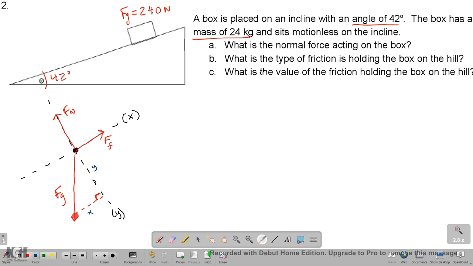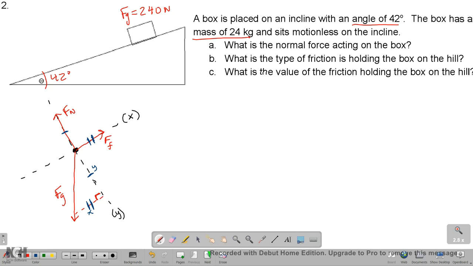So this line right here has to be parallel to this line because this is the force that opposes the force due to friction. What we're going to prove here in a second is that Fn, that Fn right here is equal to the y component of Fg, and that the force due to friction is equal to the x component down here.